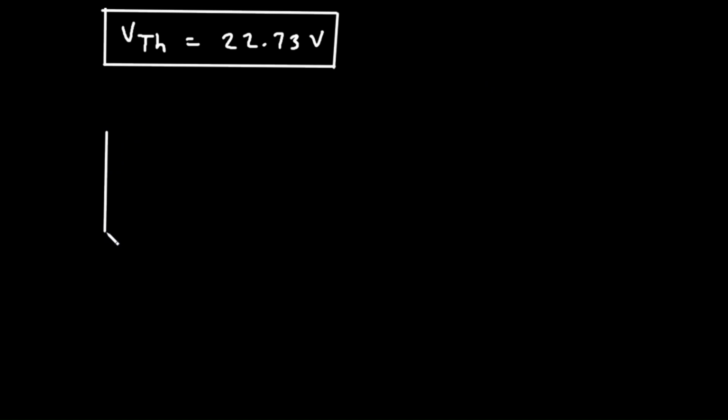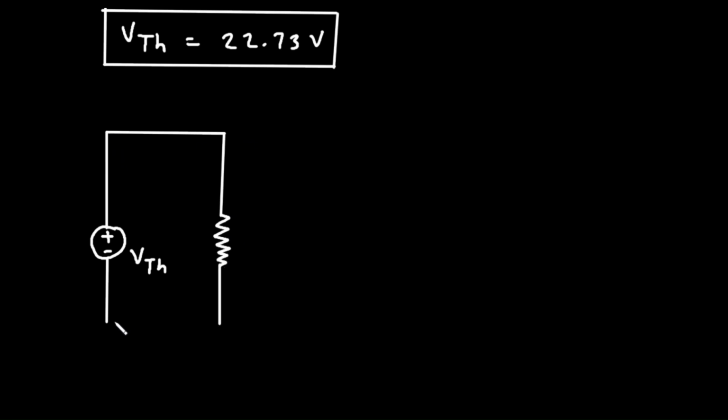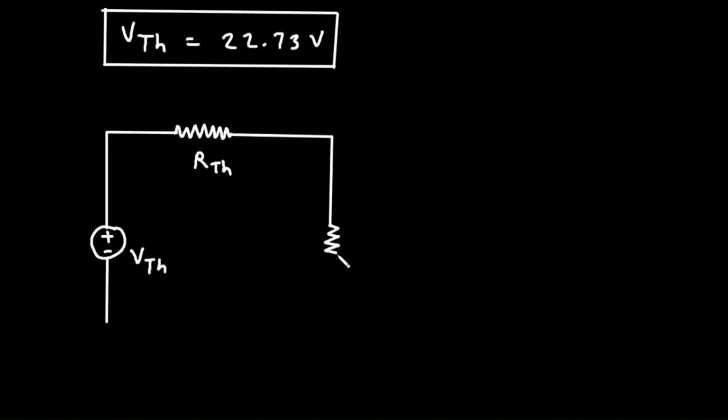Now we will make the Thevenin equivalent circuit. This is VTH, and then this is RTH. VTH is in series with RTH, and it is in series with RL. This is RL.